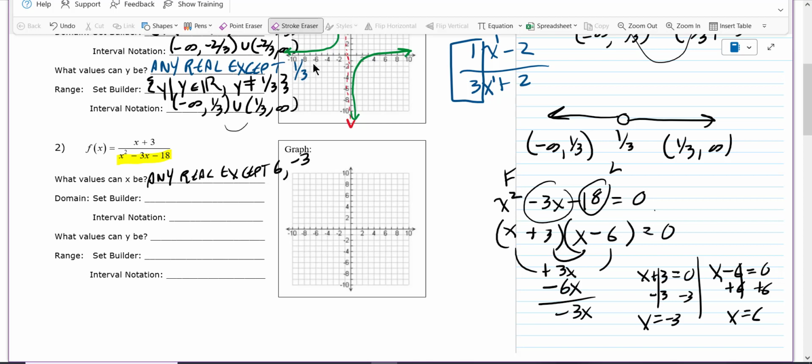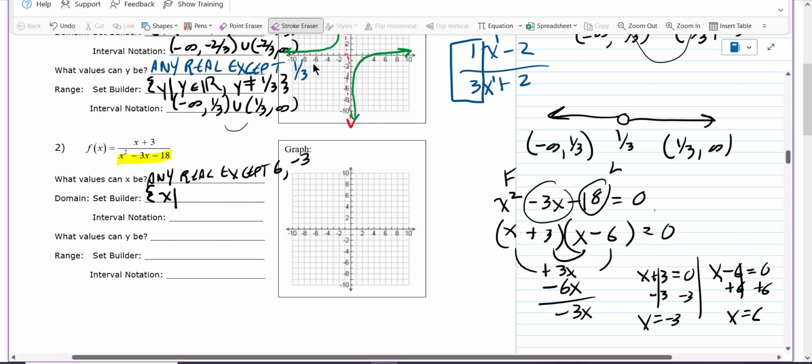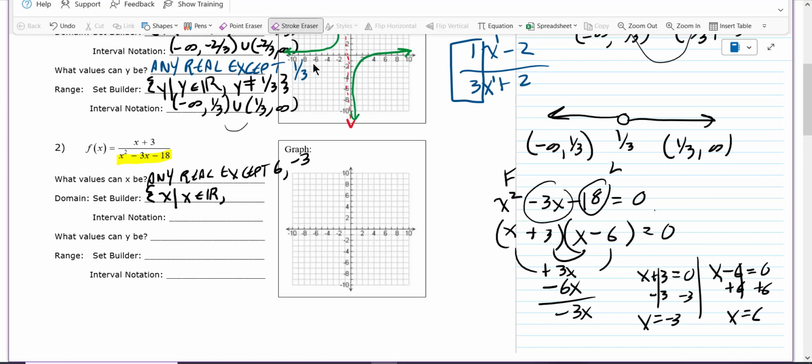It can be anything except those two. Okay, if it is, you're going to have a 0 denominator. Okay, so set builder notation, the best way to say this is like this. Just say set of x, it's domain, so you have to use x. Then just say x is any real number, comma, now just say what it's not equal to. x is not equal to 6, comma, negative 3. Okay, there's several different ways you can write that domain.